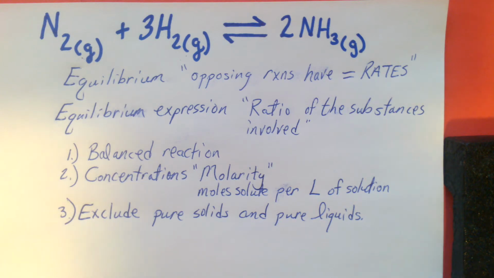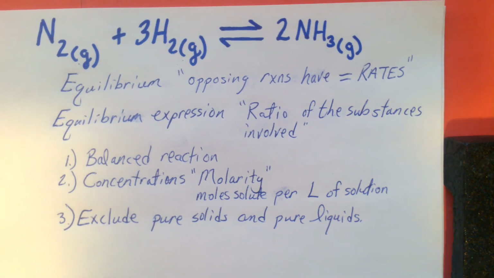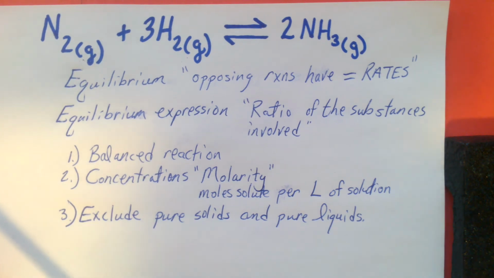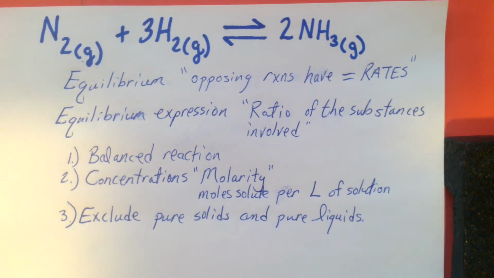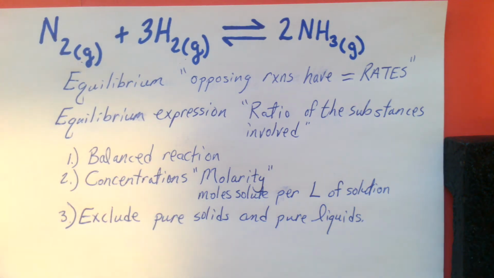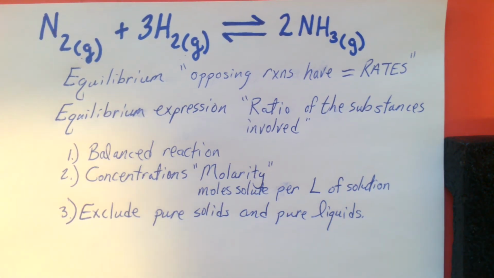If you're pure water, then what is the solution made of? Well, there's no solute or solvent defined, so there's not going to be a concentration value, so to say. There's not going to be a concentration change over the reaction, because we are not using a solution of that particular substance. So we want to exclude pure solids and pure liquids from our expression.